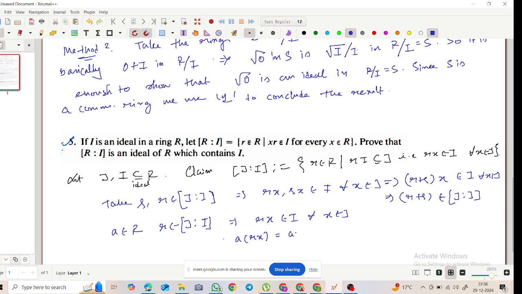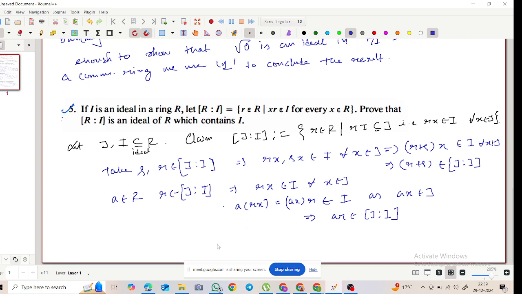This is nothing but ax times r, since this is commutative. So this belongs to I as ax belongs to J, since J is an ideal as well. So ar belongs to J is to I. Okay, so J is to I is an ideal. Now just put J equals R to get this result.